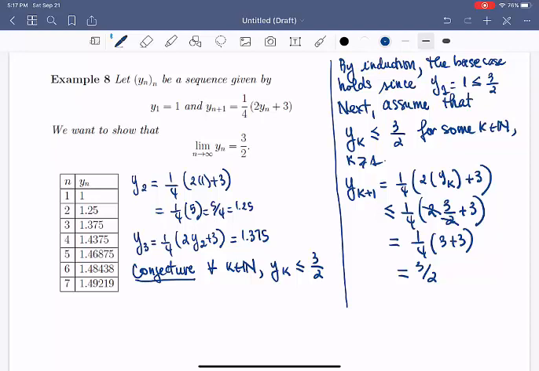And so this verifies the inductive step. I shouldn't put this here yet. So this proves the claim, the conjecture.